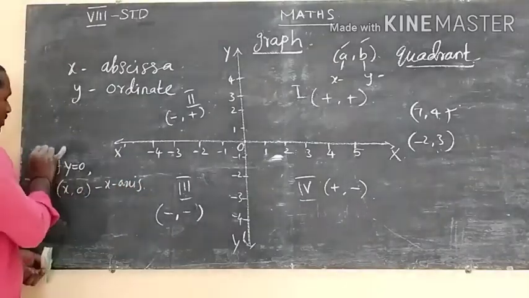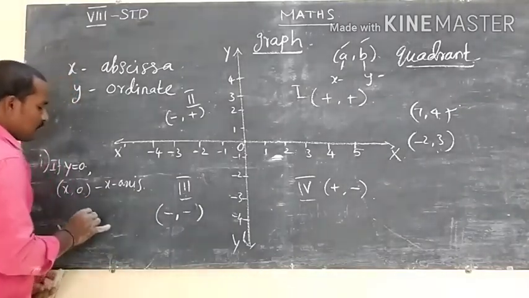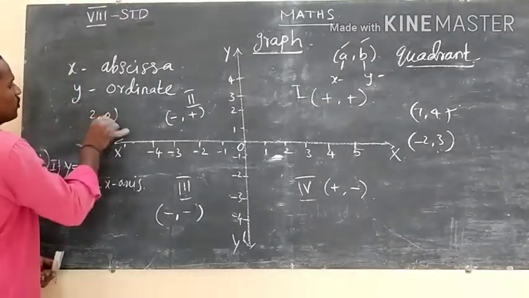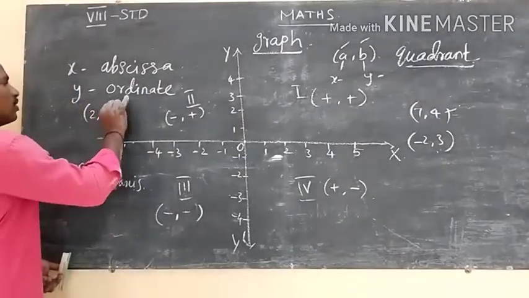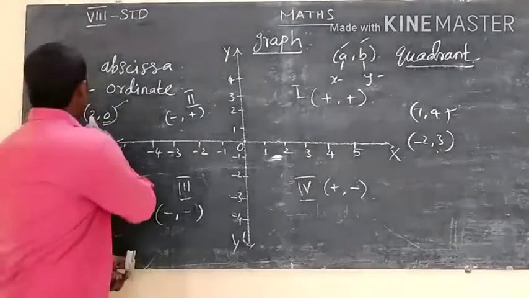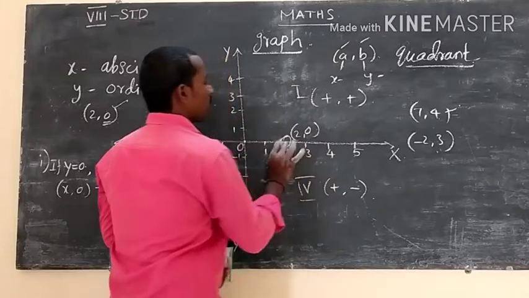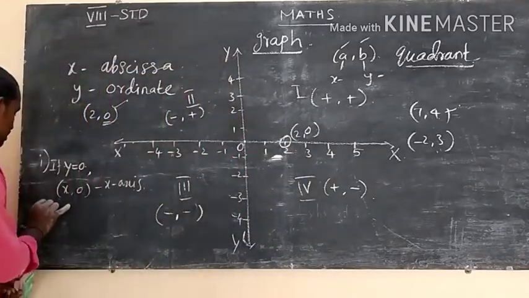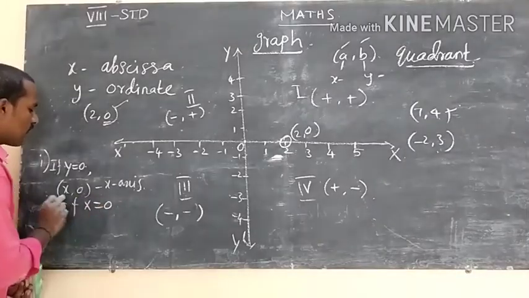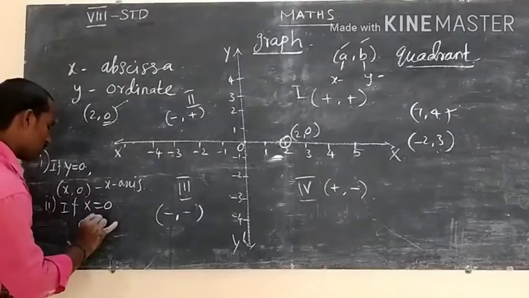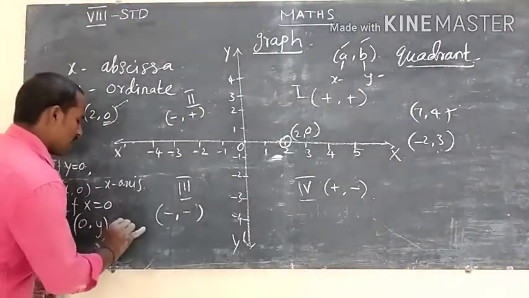If y is equal to 0, the coordinates (x, 0) lie on the x-axis. For example, the point (2, 0) has y value 0, therefore the point lies on the x-axis. Then if x is equal to 0, the coordinates (0, y) lie on the y-axis.